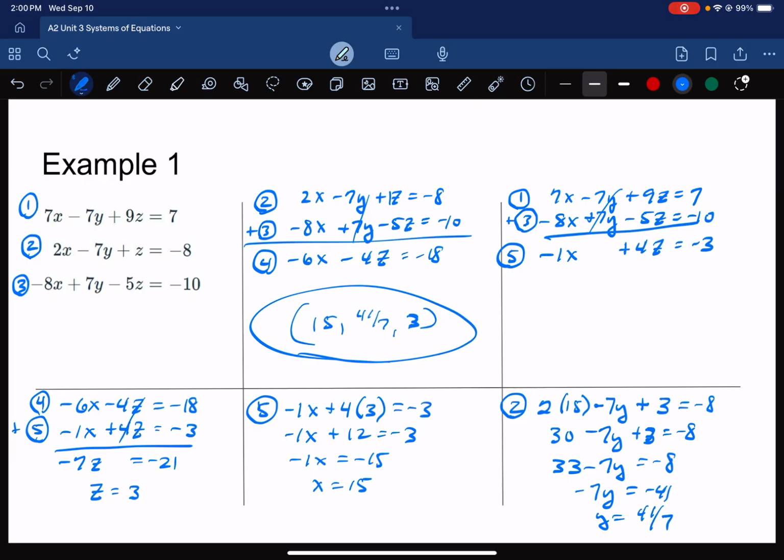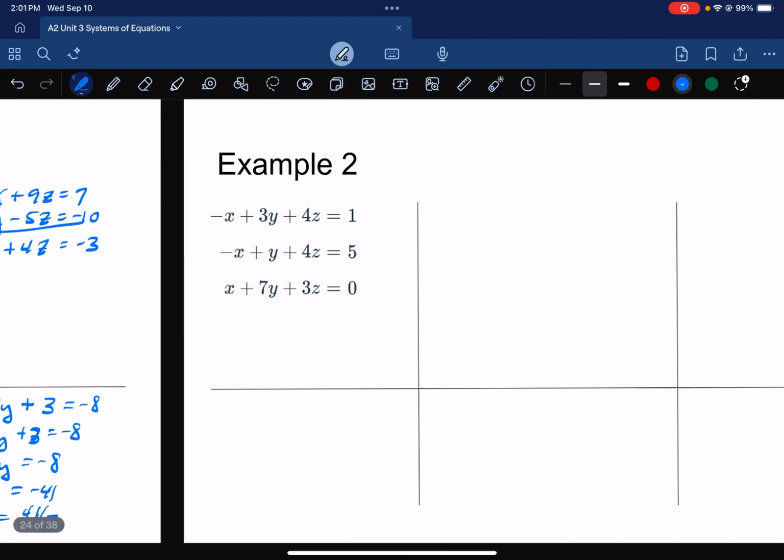I still don't know if I like that. 7 minus 8 is negative 1. 9 times 5 is 4. 2 minus 8 is 6. 1 and negative 5 is negative 4. 6x negative 4z negative 18. Yeah, I mean, I don't see any mistakes, so we'll just give that a try there.